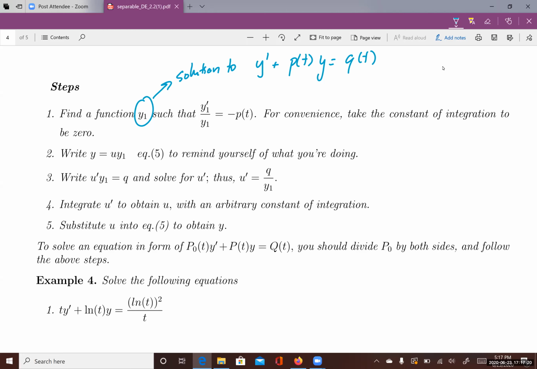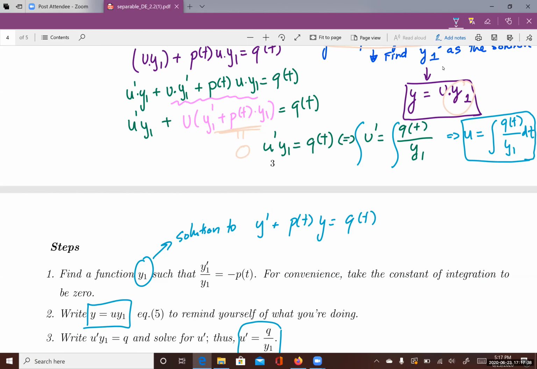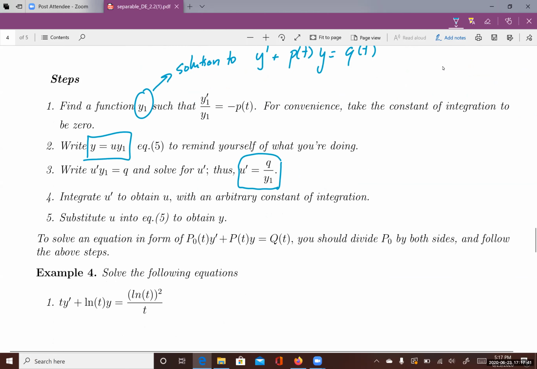Then you write y equals u times y1, just to remind us what we're doing. Then u prime equals q of t divided by y1, which we found here. Then you integrate both sides to obtain u. You obtain u from this equation, and you substitute u into this equation to find y, which is the solution to the non-homogeneous equation.